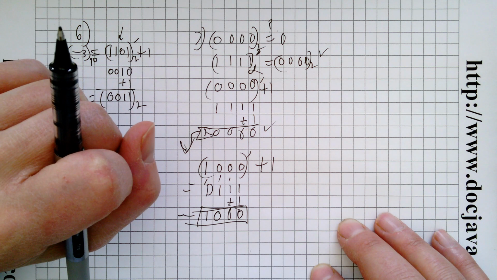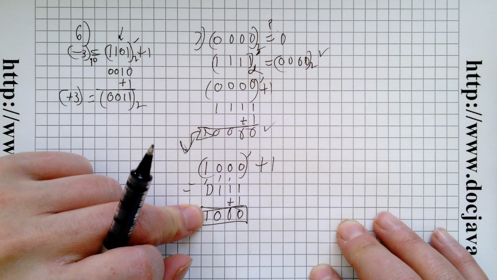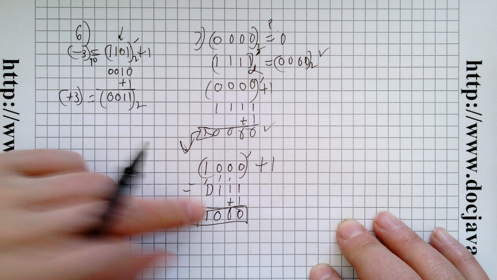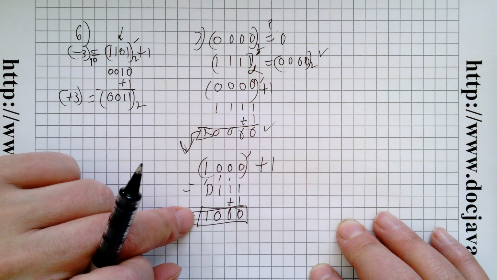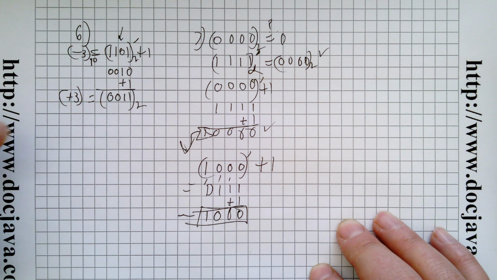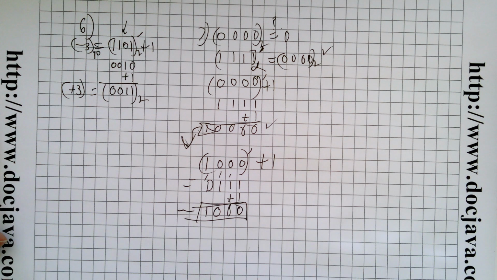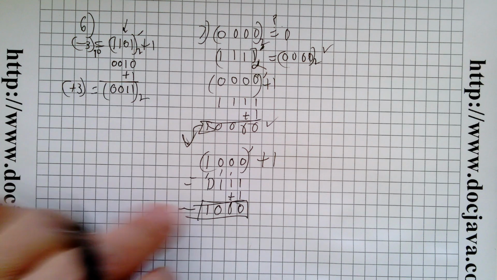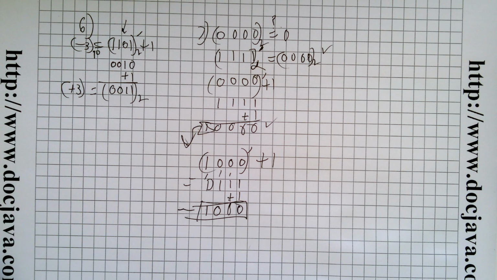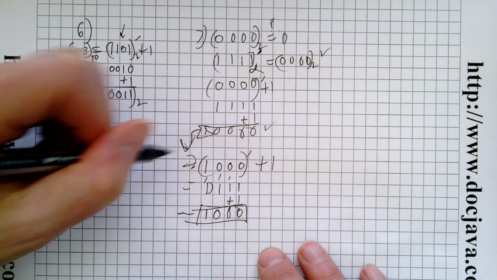It says 0 can be represented in this form. The answer is no. That's not a 2's complement form of 0. I don't know what form that would be, but that's not a form of 0 I know, unless you want to call it negative 0 in sign and magnitude. That doesn't work. It's not 0. This is not sign and magnitude if you're doing the 2's complement. So that does not belong. One of these is not like the other. And so this is not the 2's complement of 0.